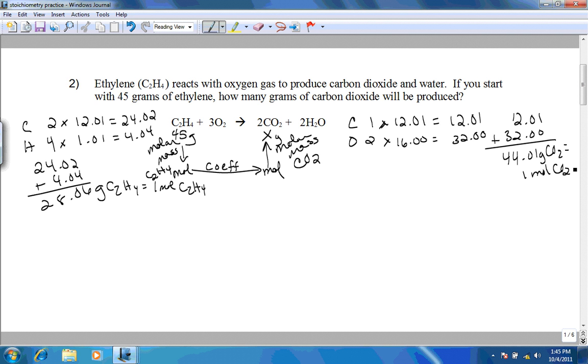And that becomes our conversion factor to go from moles to grams of CO2. Now that we have all the conversion factors we need, we're going to go back and set up the conversion with our starting point. The starting point is the number that's actually given to you in the question itself.